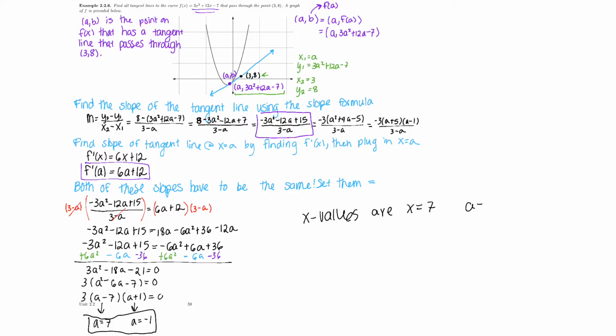To find the rest of the tangent line, you're going to need the slope, which you can use this formula for, right? And then you're going to need the y value, which you use the original for.